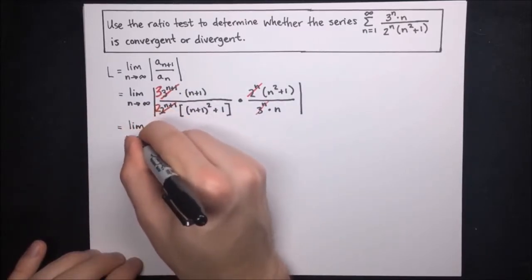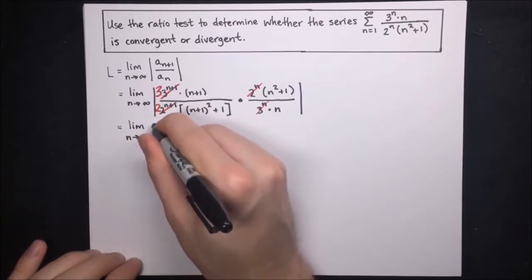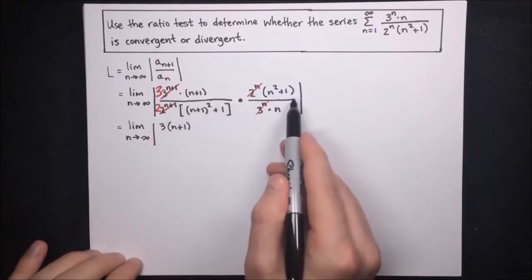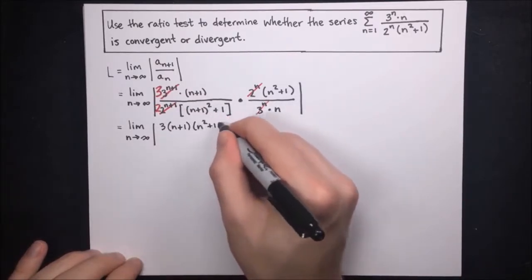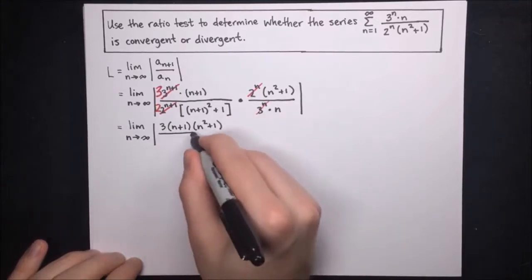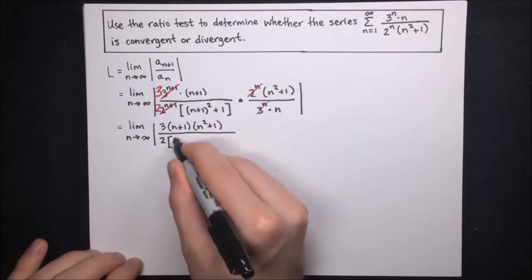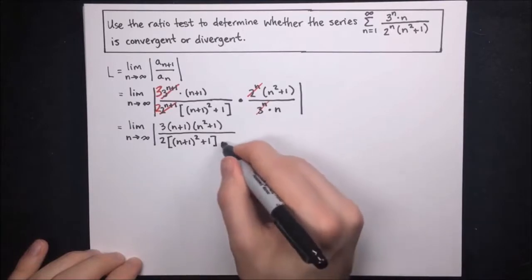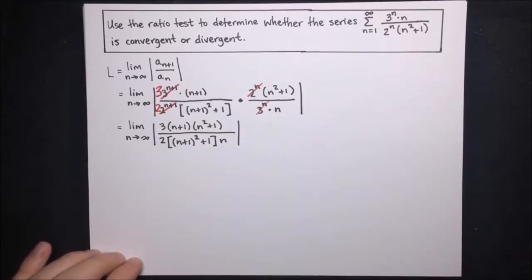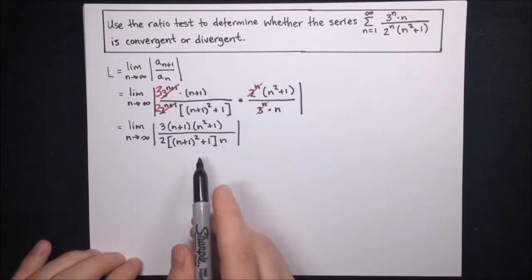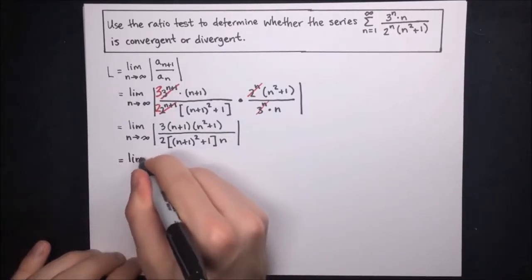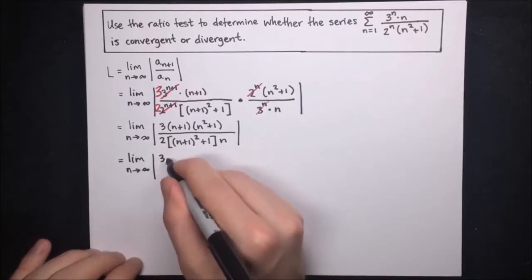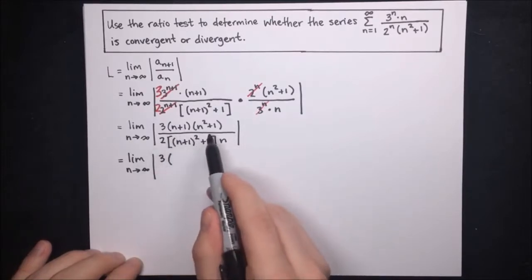So this is the limit as n approaches infinity of 3 times n plus 1, and then times that other numerator, n squared plus 1. And then in the denominator, we've got a 2 times n plus 1 squared plus 1 times n. Now to compute the limit, we just go ahead and expand it out. So this becomes the limit as n approaches infinity of 3 times n plus 1 times n squared plus 1.